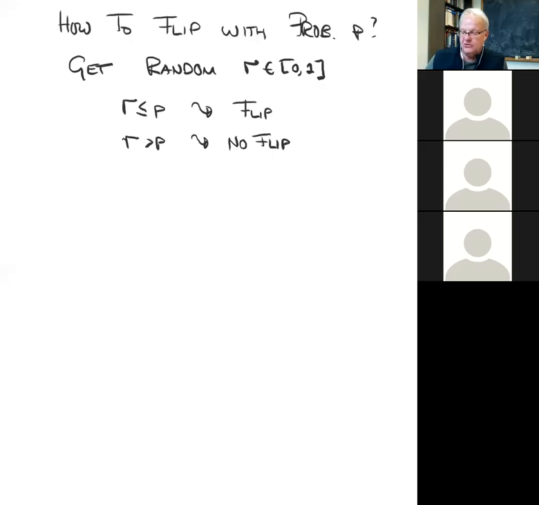And this is simply an algorithm that ensures that in the long run, you really do flip with probability P, because if you have a random number between 0 and 1, maybe it's helpful if I just draw a little picture. So you have a random number that's between 0 and 1.